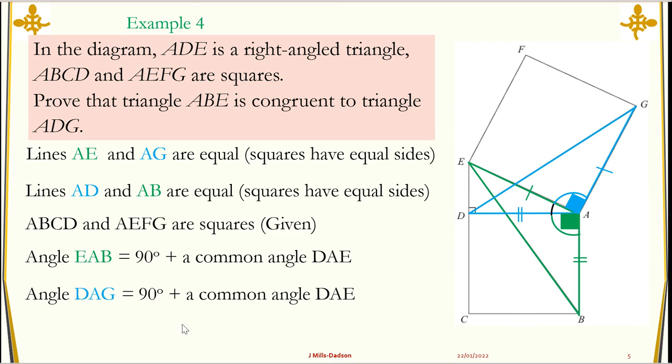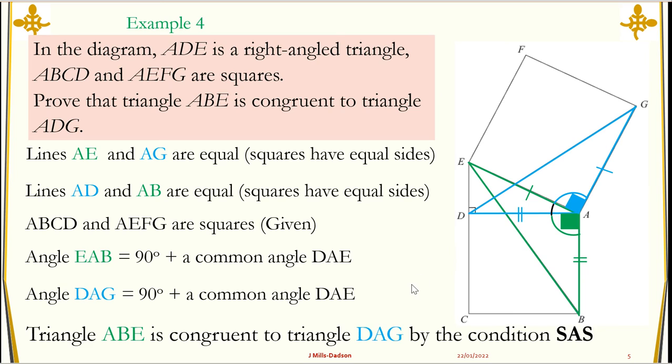So that means that they all have a common angle plus 90 degrees. So that means that we have a side angle side, a side angle side. The same here, a side angle side. So the triangles ABE and DAG are congruent by the condition side angle side.